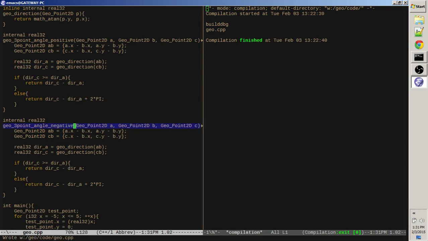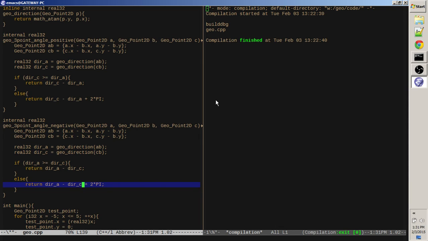A negatively oriented angle measurement sets up exactly the same way, and the only difference is that if I have A and C, I still want a positive answer, but it's the positive answer for how far you have to move in the negative direction to get from A to C. So if A is larger than C, that's the easy case, and you just do dir A minus dir C. Otherwise, we do dir A minus dir C, plus 2 pi, because we're still looking for a positive.